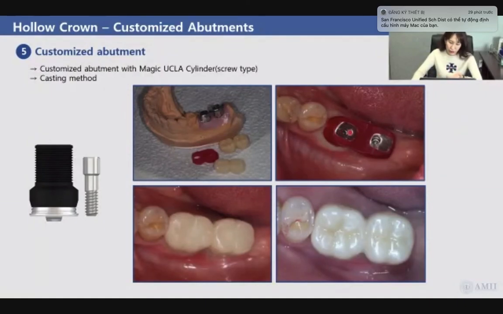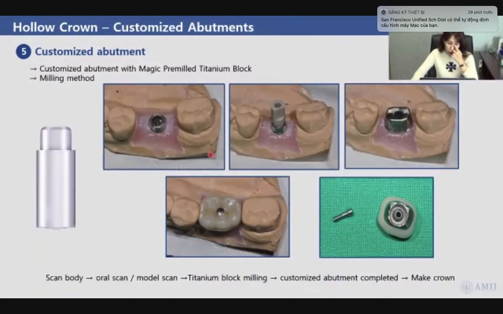And on top of that abutment, they made a crown and cemented that crown on top of the customized abutment. Sau đó thì sẽ làm phục hình và gắn xi măng ra ngoài cái abutment cá nhân hóa.